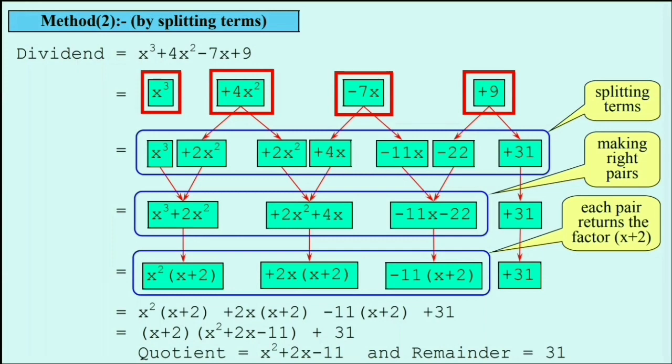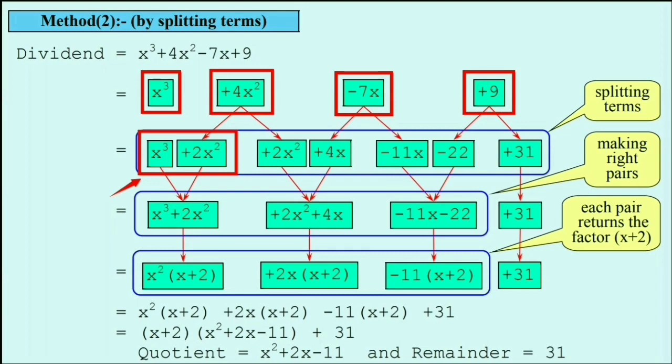Since we know that the divisor is x plus 2, hence we try to find out the partner for x cube such that this pair returns a factor x plus 2. And through a very simple calculation, we can understand that the value needed for x cube is plus 2x square.